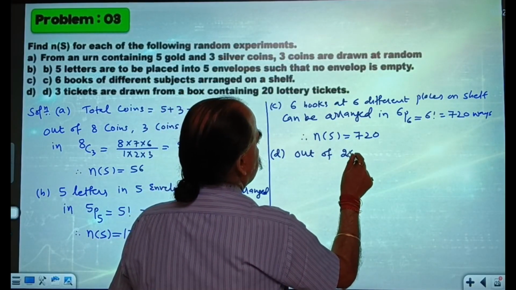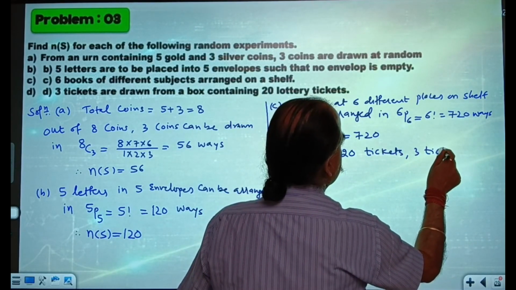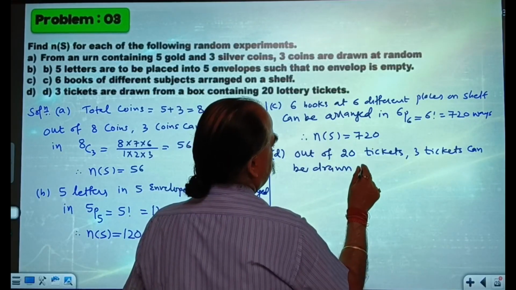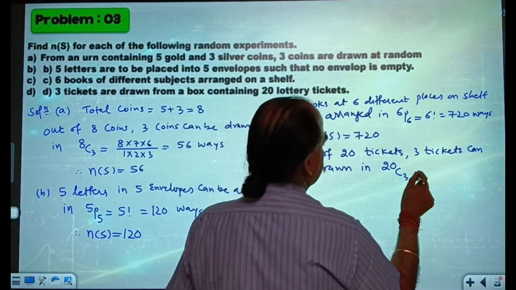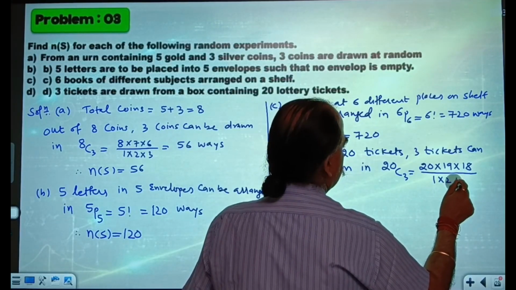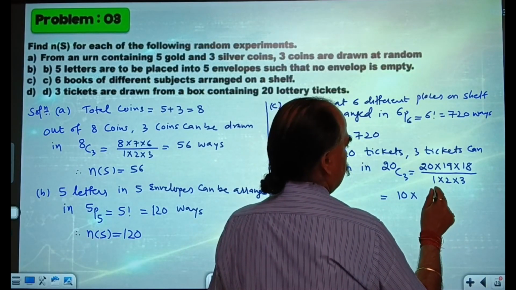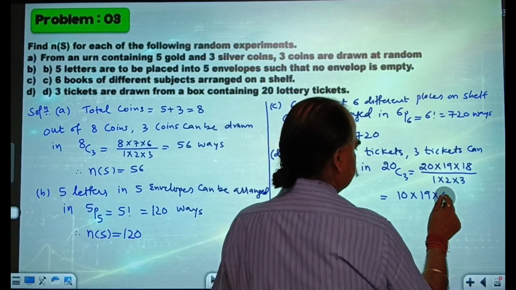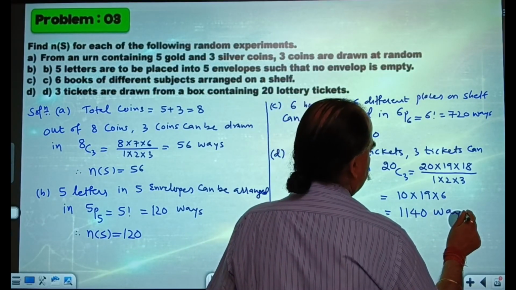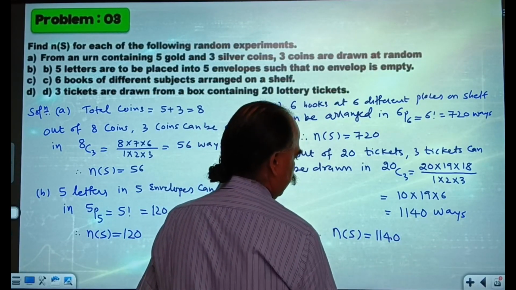Out of 20 tickets, 3 tickets can be drawn in 20C3 = 20×19×18 upon 6 = 1140 ways. n(S) is what? 1140.